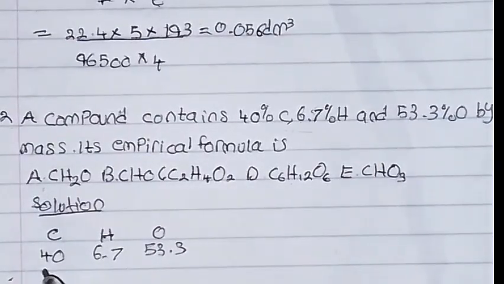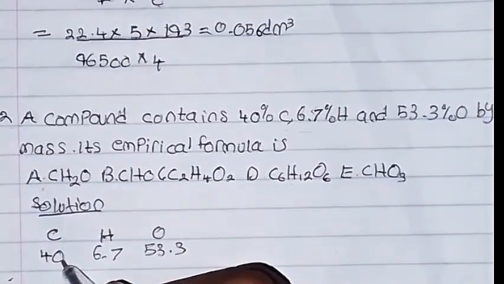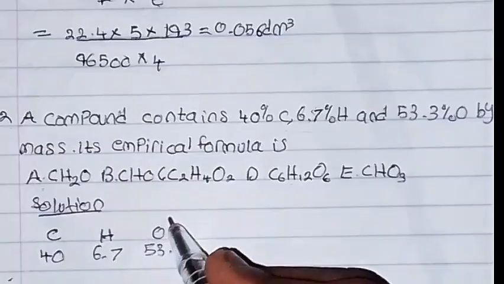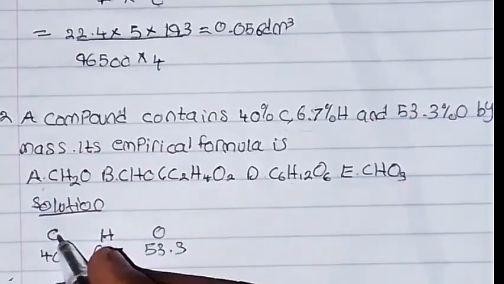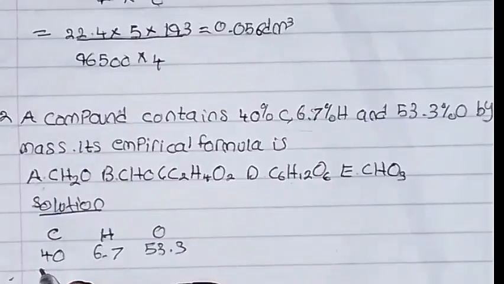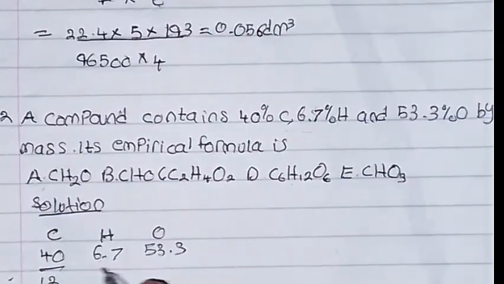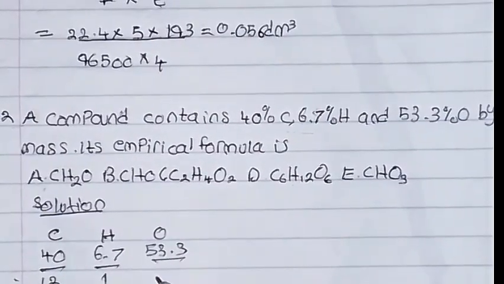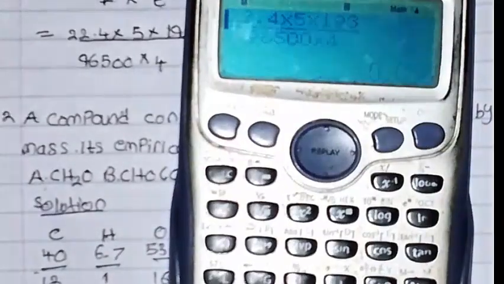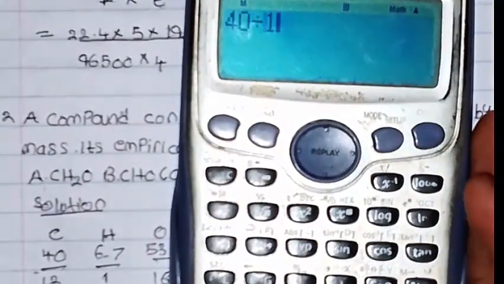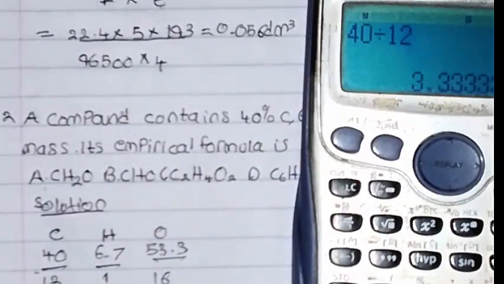I can assume that the total mass of this compound was 100. Carbon takes 40 grams, hydrogen takes 6.7 grams, oxygen 53.3 grams. To find the moles, I'm going to divide by the molar mass of each of these elements. Carbon is 12, so I divide 40 by 12. Hydrogen is 1 and oxygen is 16. So 40 divided by 12 is 3.33.